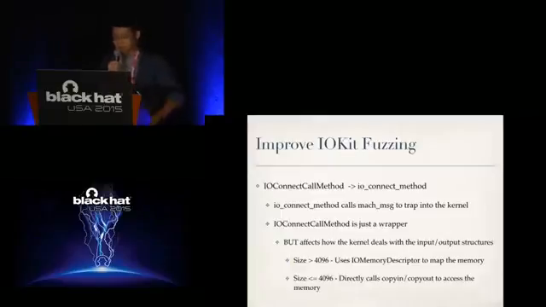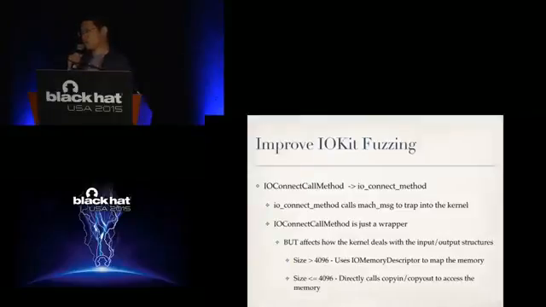So what did the wrapper function do? Actually, it did a very, very simple thing. It checked the size of the input and output structure. If the size is very large, larger than 4 kilobytes, it tells the kernel to use an I/O memory descriptor to map this userland memory so it can access it.